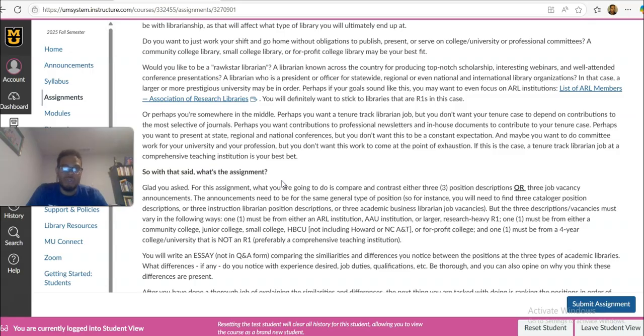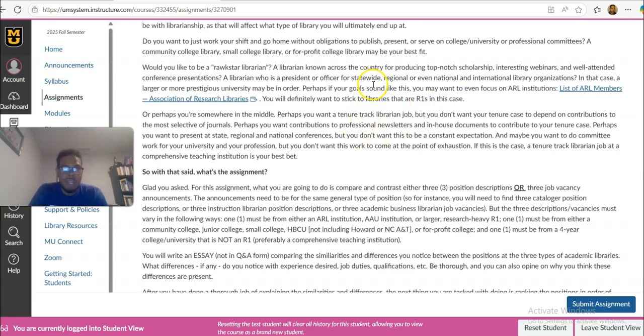And you also have really great publications, journal articles, and book chapters that you produce, and they're frequently cited. Because of all that, you are a serious, respected library scholar. If that's who you see yourself as, you might want to go to an ARL institution or some other type of R1. And you definitely want to stick with R1s in that case.